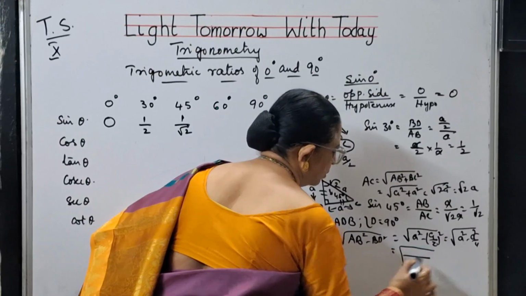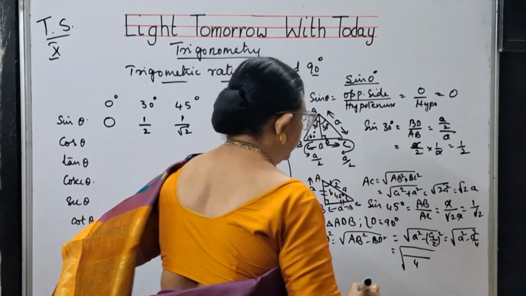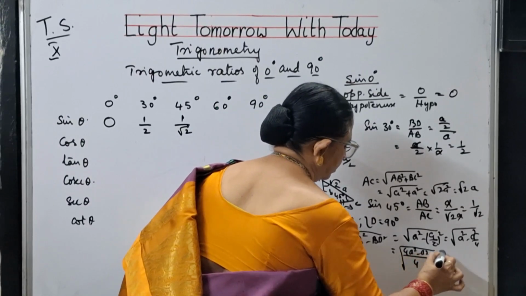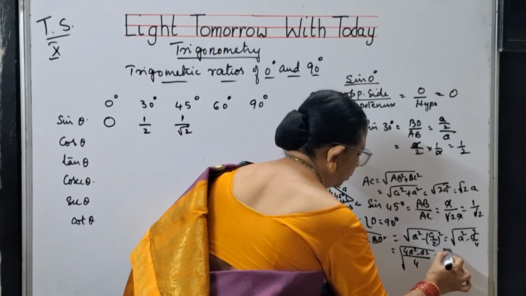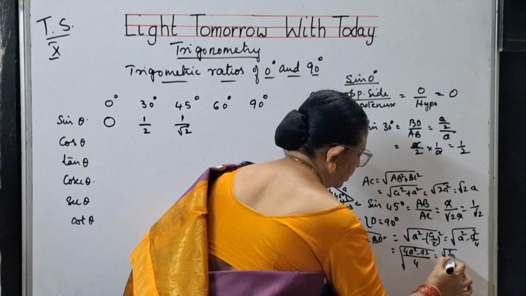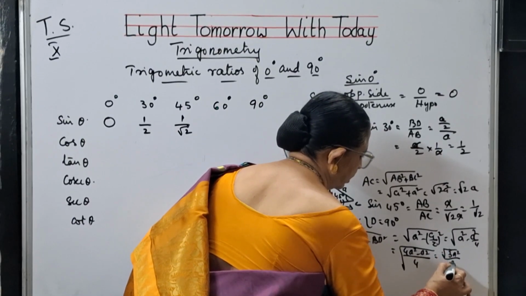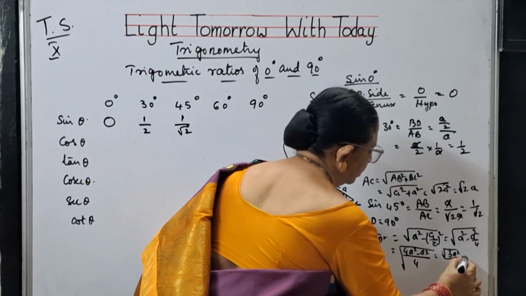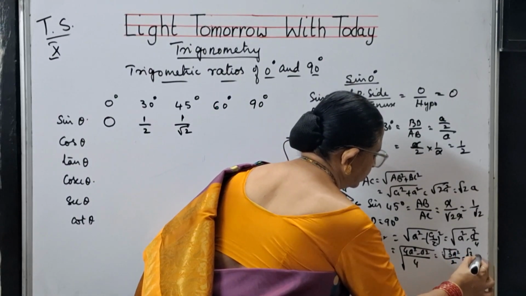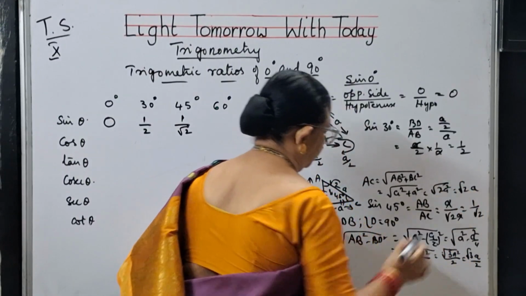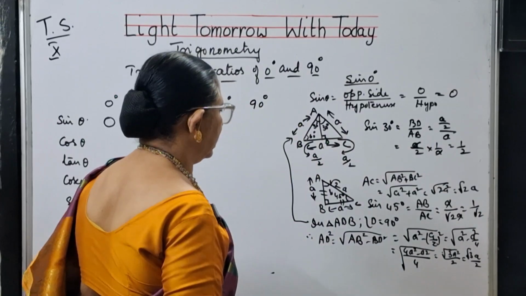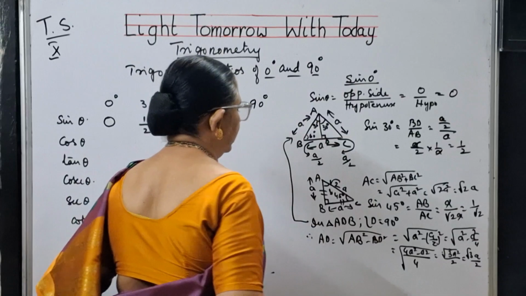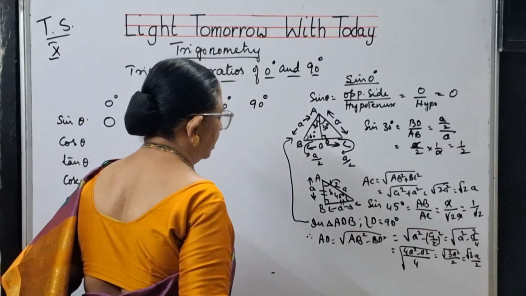Whole root of 4a square minus a square by 4, that is root 3a square by 2, because root 4 can be written as 2, and this can be written as root 3 a by 2. What is that? AD. Sorry, this is AD, children. AD value is root 3 a by 2.